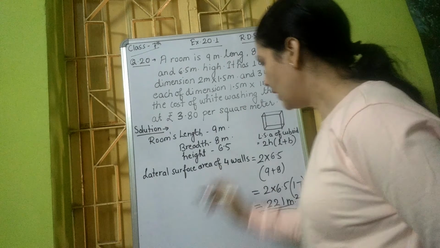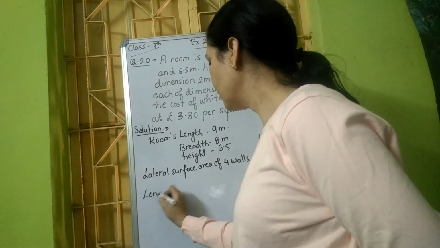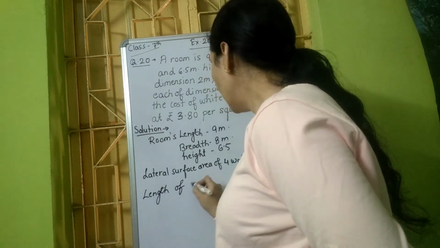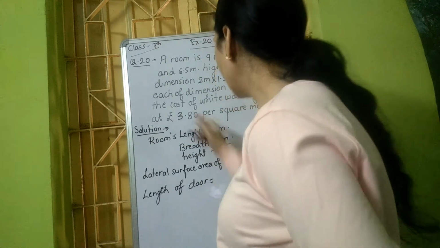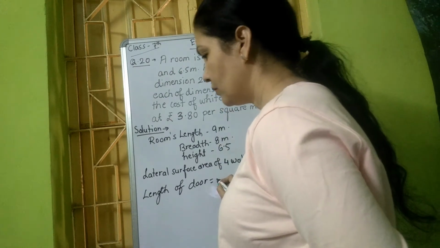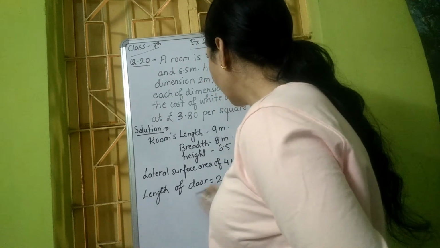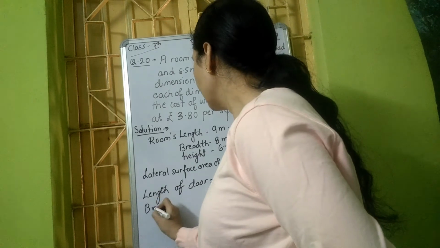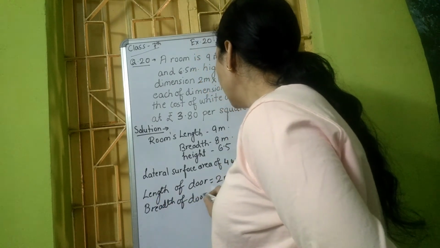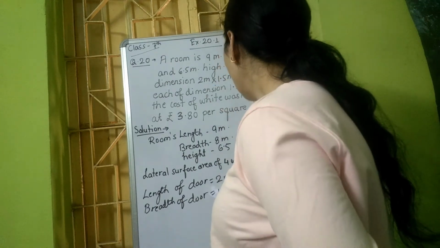Okay, now the length of the door is given. Length of door is 2 meter and breadth of door is 1.5 meter.